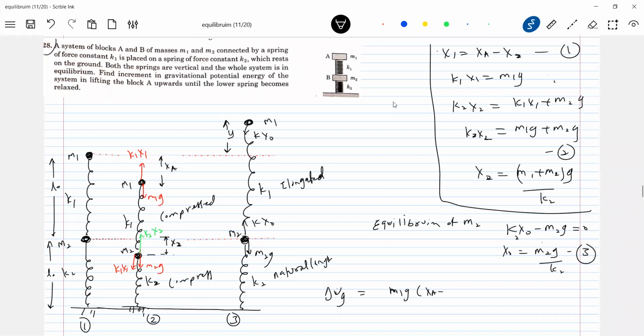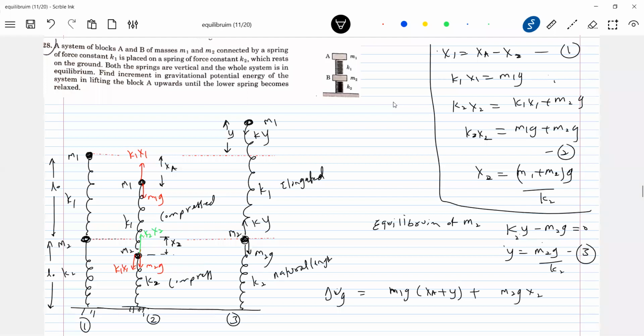M1G (XA plus Y). Y is the symbol I'll take. What about M2? M2G into X2.